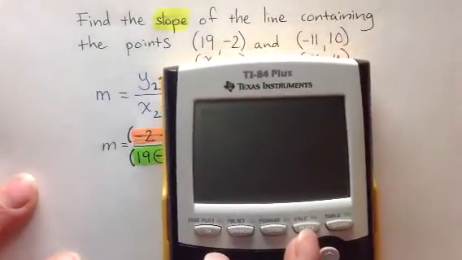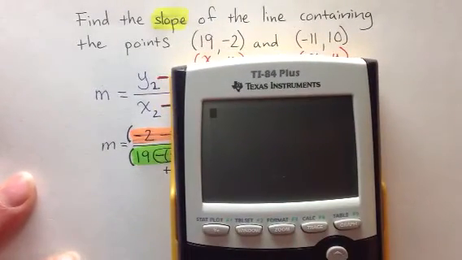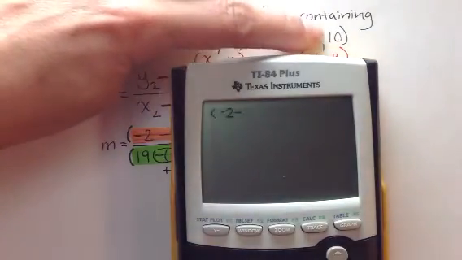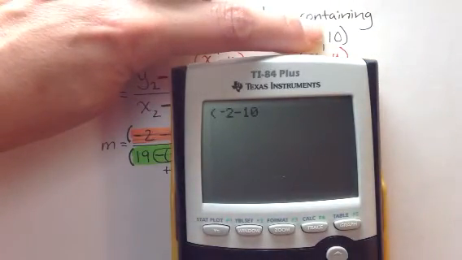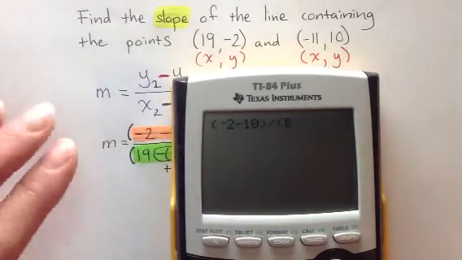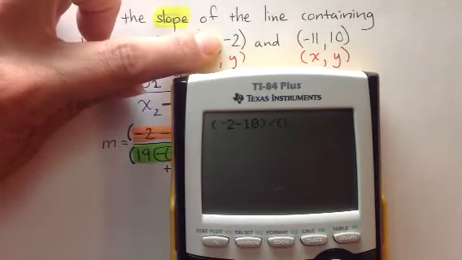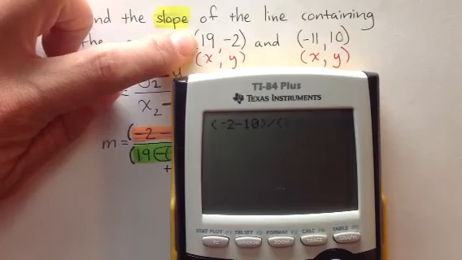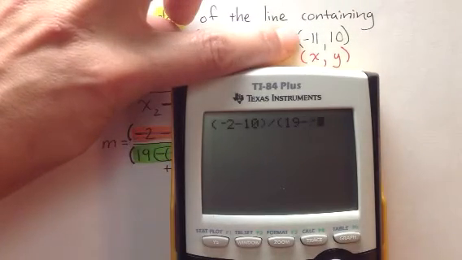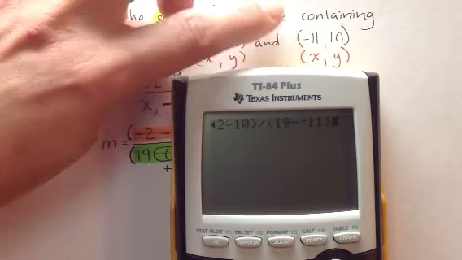to enter this in the calculator, but I'm just saying the formula again in my head. Parentheses for the numerator: y, negative 2, minus y, which is 10, close my parentheses, divided by, open parentheses again. Negative 2, nope, we're doing x's now, sorry. 19 minus negative 11, close parentheses.